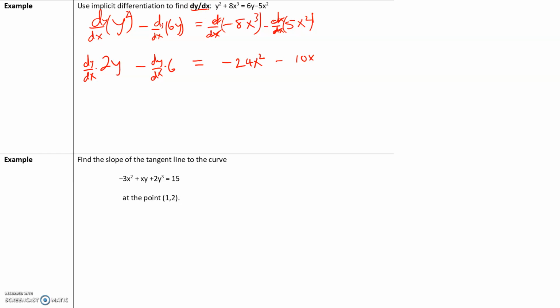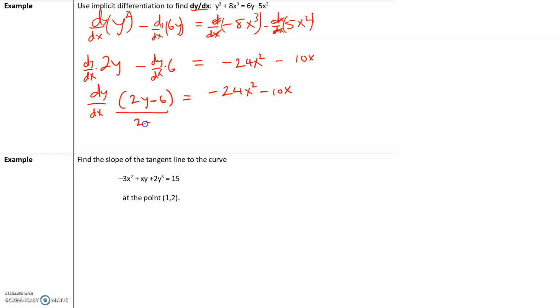So now that we have all terms of dy/dx on one side, we can factor that out. Factor out the dy/dx. So you're left with 2y minus 6, and this equals negative 24x squared minus 10x. Then we need to divide everything by 2y minus 6.